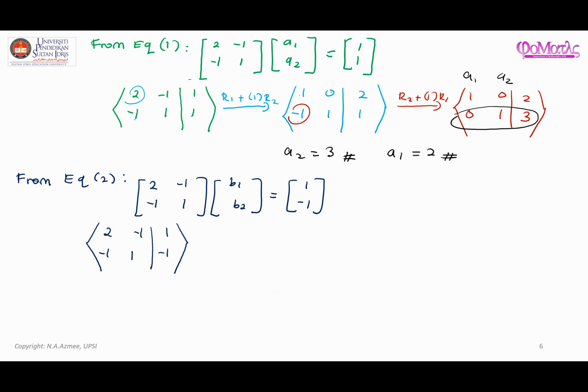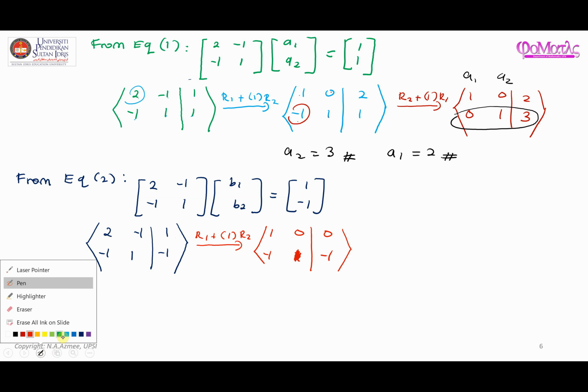Again, we apply the same elementary row operations. For example, R1 plus 1 R2. That will reduce the first row to be 1, 0, so 1 minus 1 is 0. The second row remains unchanged, 1, negative 1.